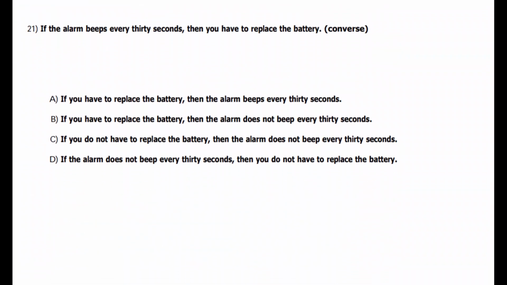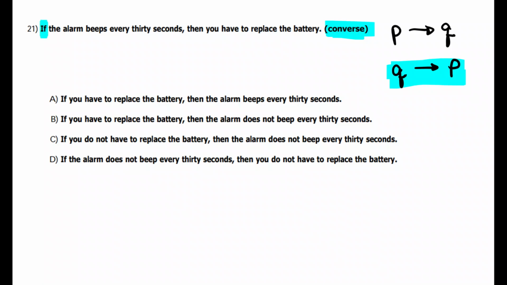And then 21 wants you to do the converse. And remember, if the original is if P, then Q, the converse is you switch them. You make it if Q, then P. That's the converse. And they all start with if then, so you've got that part, right?